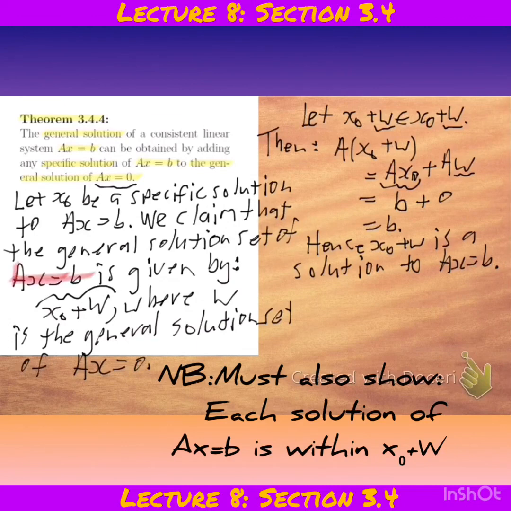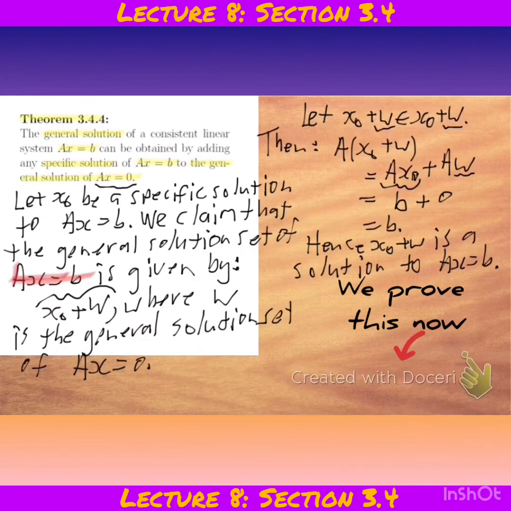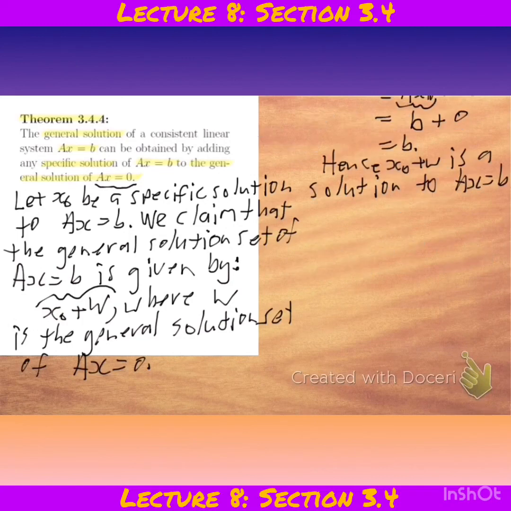Now, to complete the proof, all we need to show is that every solution to this system can be written as a point within this set. So let x be any solution to Ax equals b.